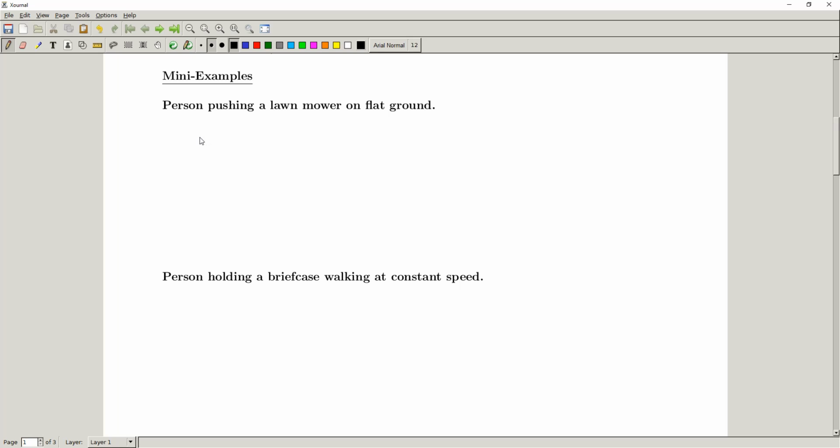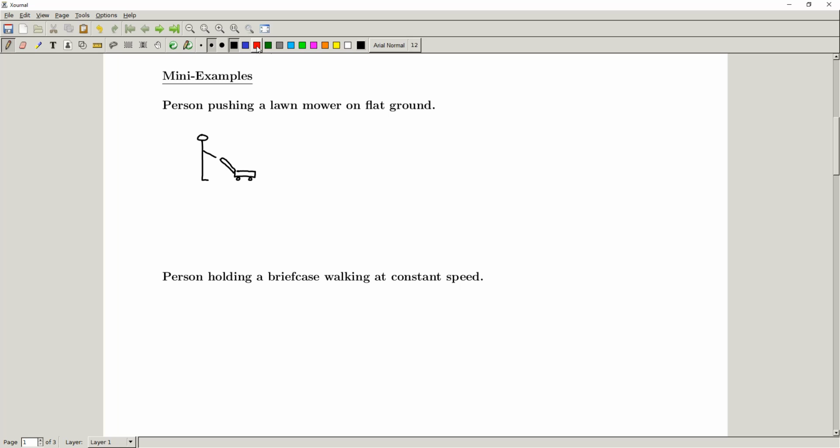So let's imagine we have a person here. Person is pushing on a lawnmower. This is my lawnmower. It's got some kind of handle or something here. So the person's pushing on the lawnmower. They are applying a force.